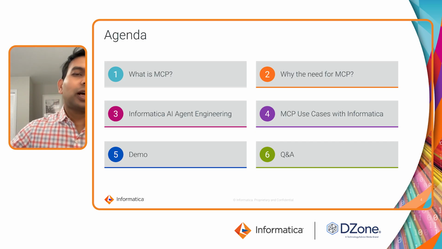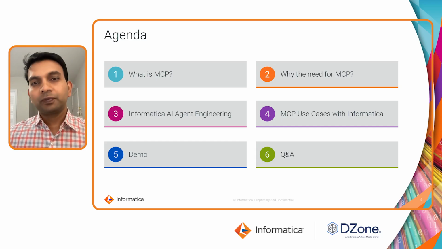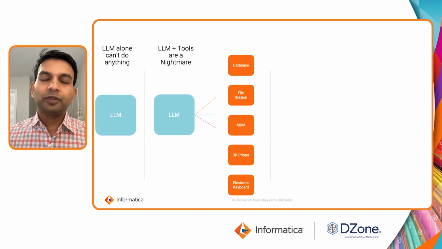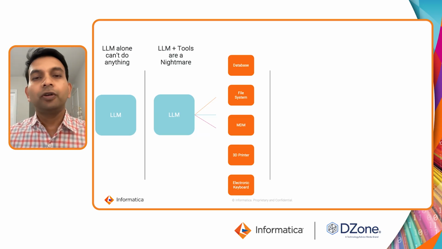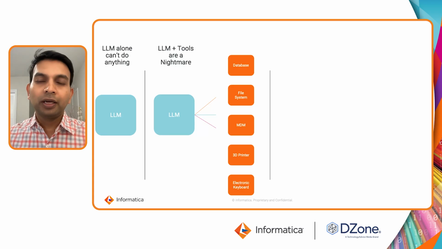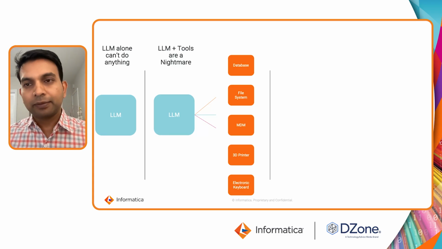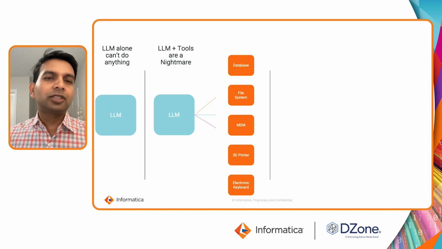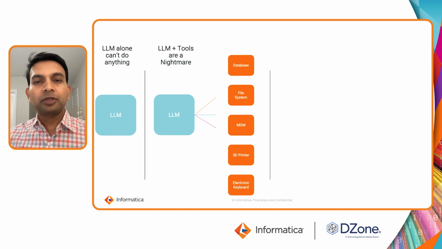Now, let me start with a very simple truth. LLMs, as you know, cannot actually do anything. They can generate text, but they can't access your database, read your files, or interact with your master data management systems. So now you might think, okay, let's just connect tools to our LLMs. But here's the problem.